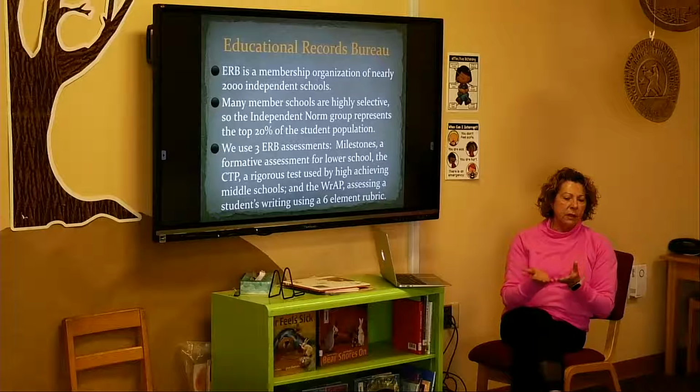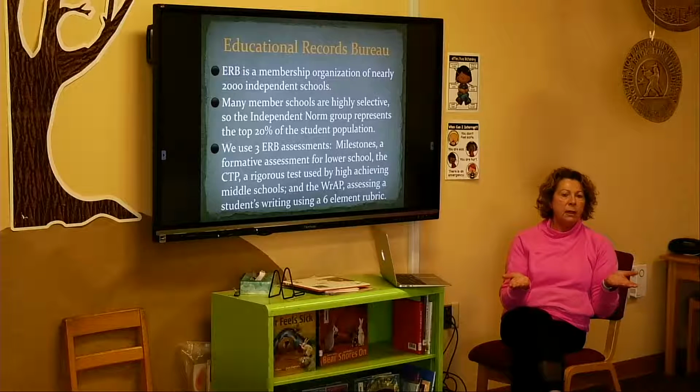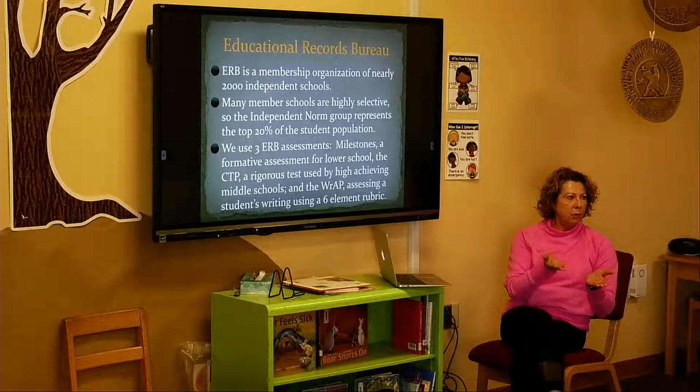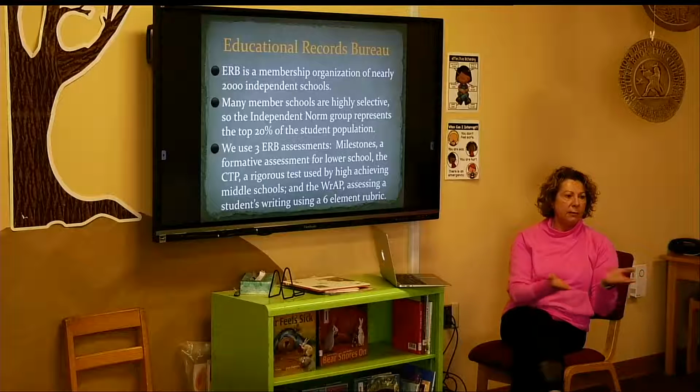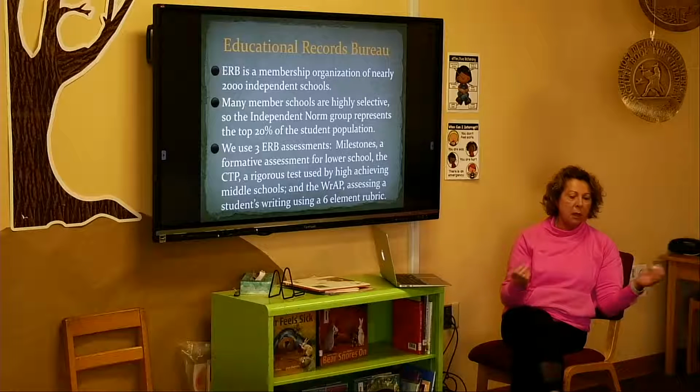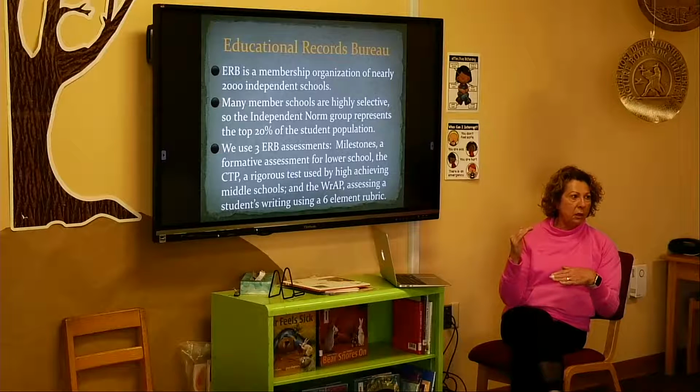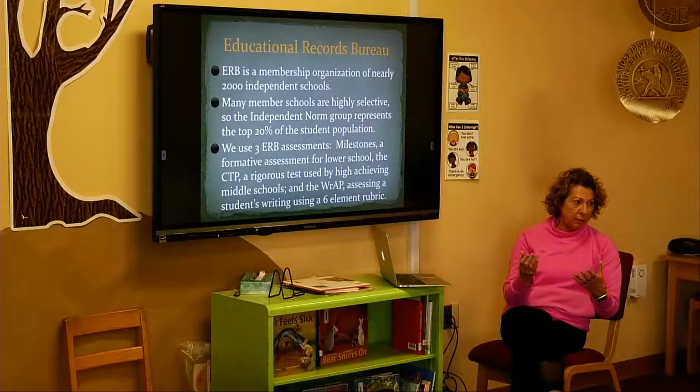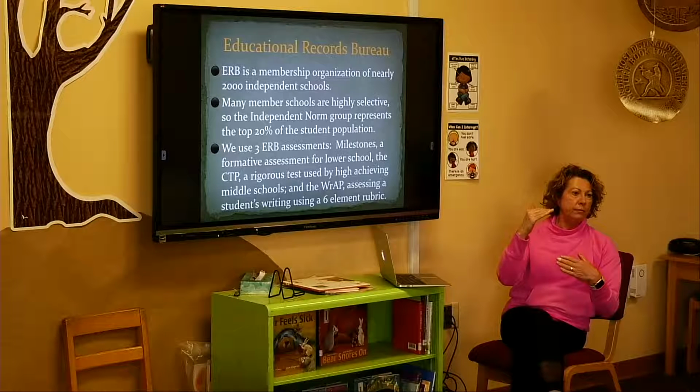So when you look at the independent school population, it typically is a more selective population to start with than just a public school group. So the bar is higher for the scores. So we compare ourselves to the independent school group because we are an independent school and we want to try to meet that high bar.